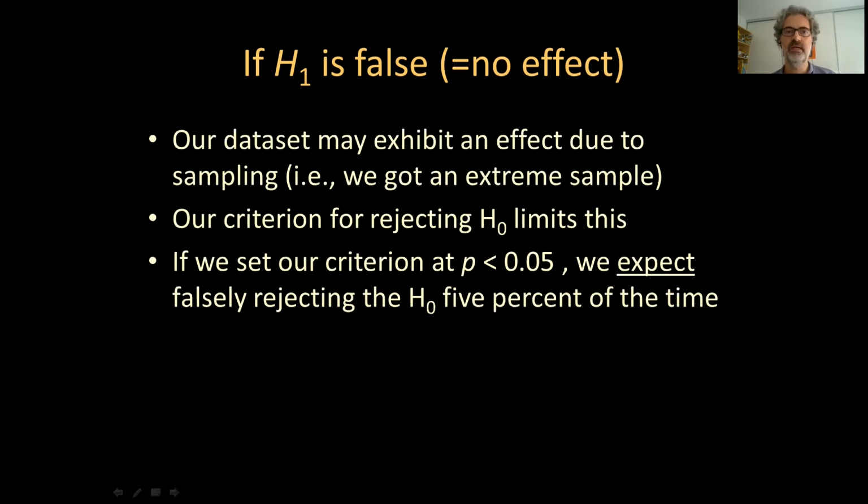Maybe we should pause and consider this a bit more. The fact that you're using a criterion to reject the null hypothesis set at 5% means that you will reject the null hypothesis whenever the effect, such as that observed, is less likely than 5% to have occurred by sampling from the null hypothesis.